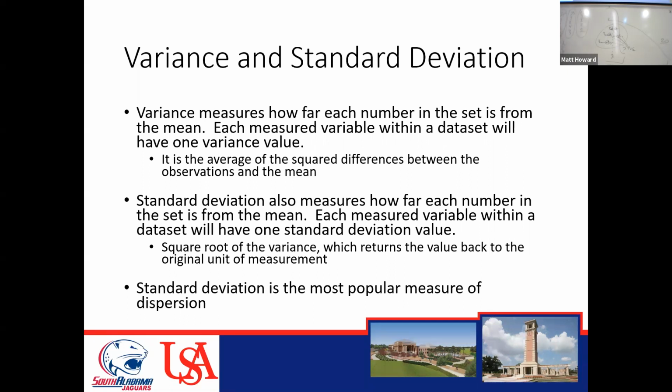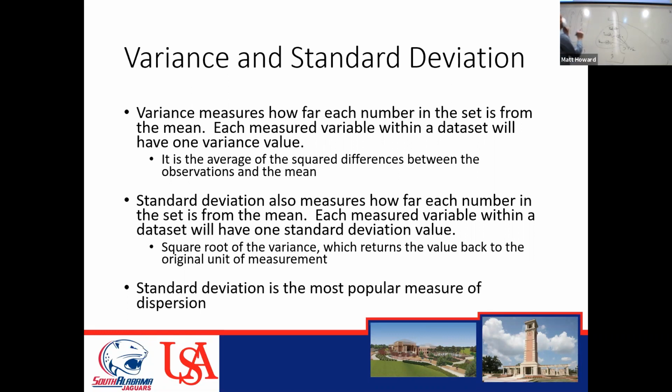So just like we could take the variance of job performance, job satisfaction, and employee engagement, we can also get the standard deviation of job performance, the standard deviation of job satisfaction, and the standard deviation of employee engagement. So just like we could calculate the variance for each of these, we could also calculate the standard deviation for each of these.